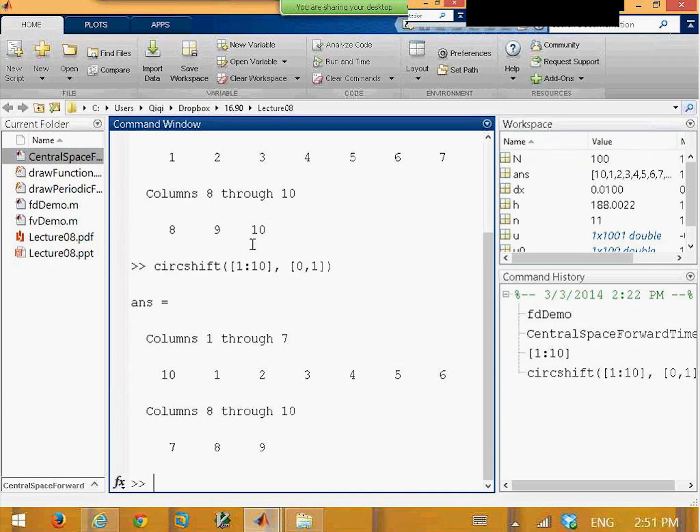I'm circularly shifting this 1 to 10 towards the right. So instead of 1 here, I get 10 here, like the 10 person comes out of the door and comes in here. And the 1 person is now up here, the 2 person is up here. Everybody shifts towards the right by 1.